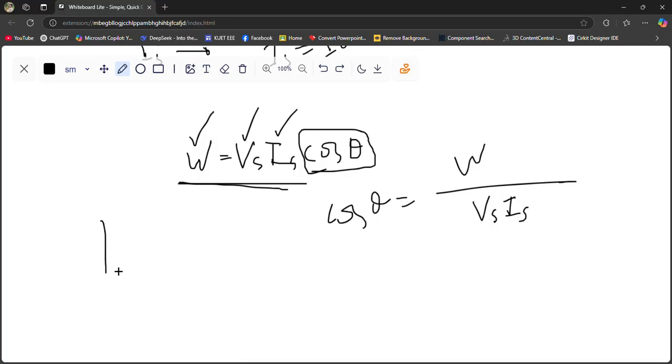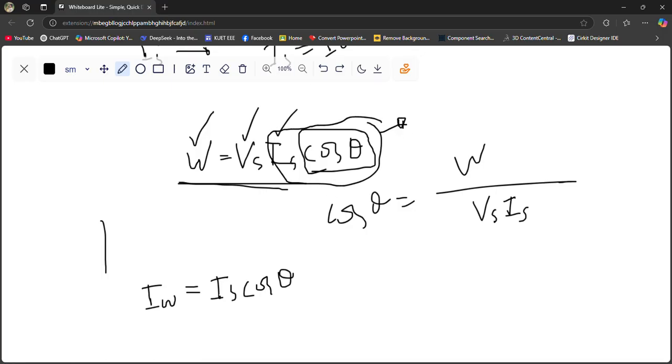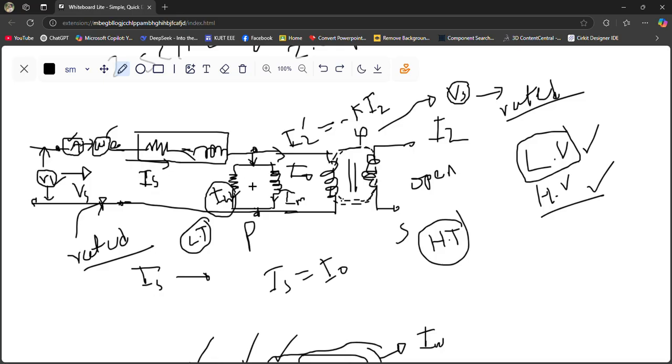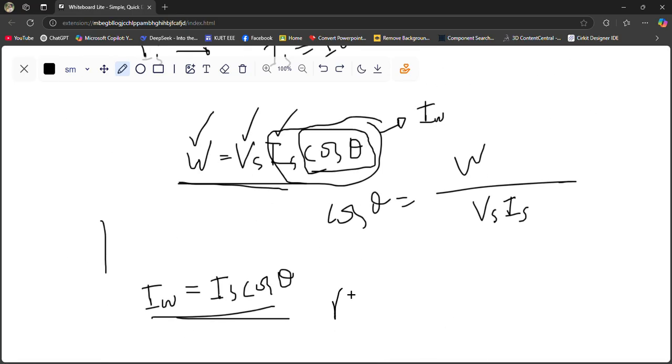Then we have the real current or loss current Iw, which is Is cos theta. You can say this is the loss component current Iw. And then if we have this current, we can get this resistance, because the supply voltage is Vs across this point. So R is equal to Vs divided by Iw.